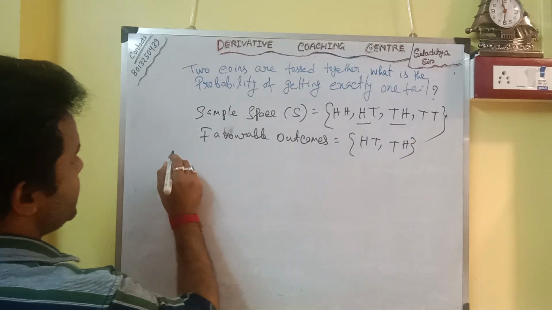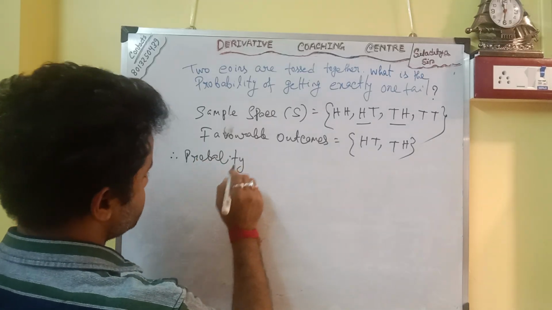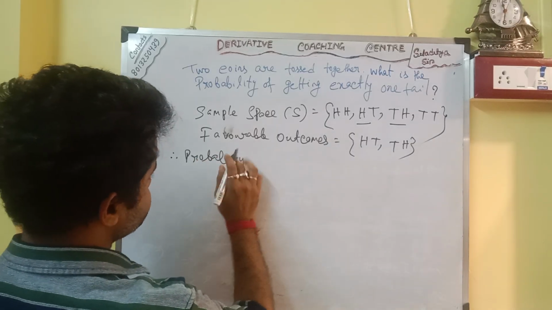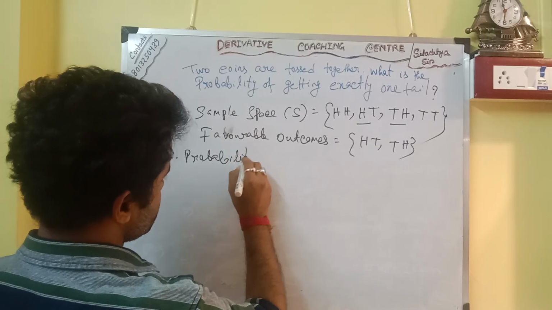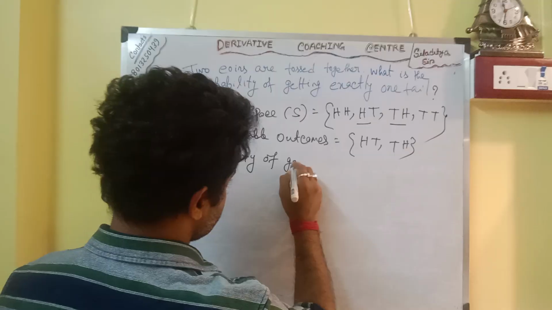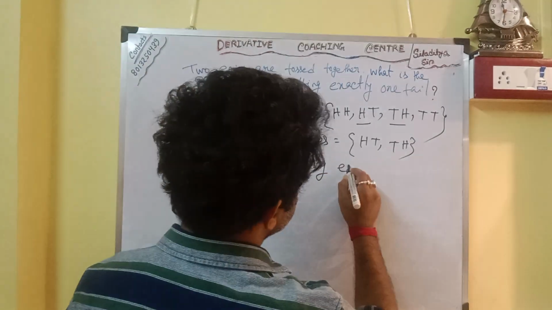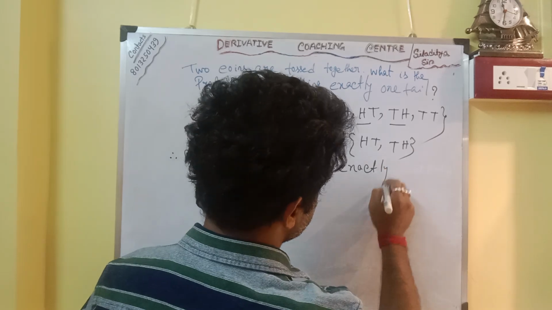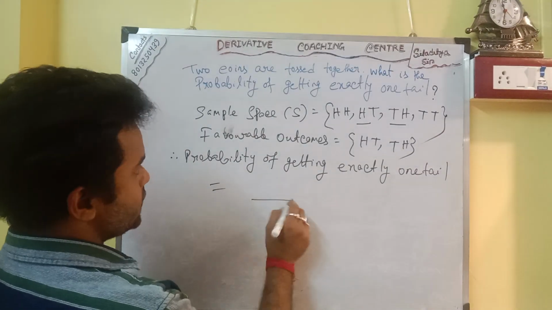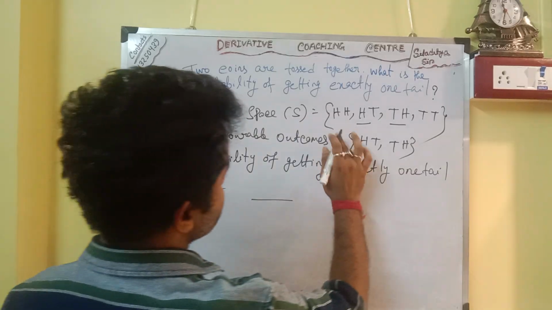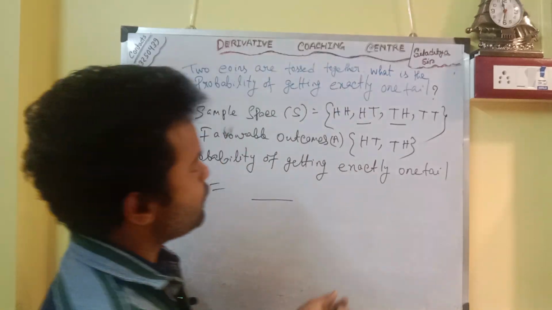Therefore, for the probability of getting exactly one tail, suppose this set of favorable outcomes is A.